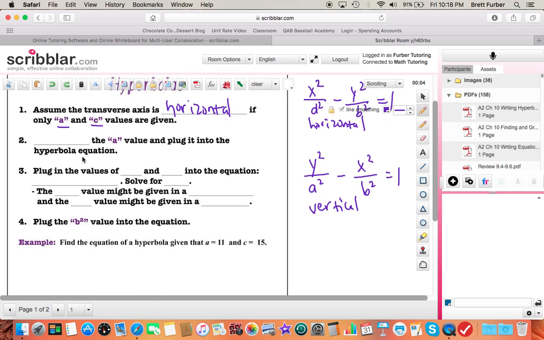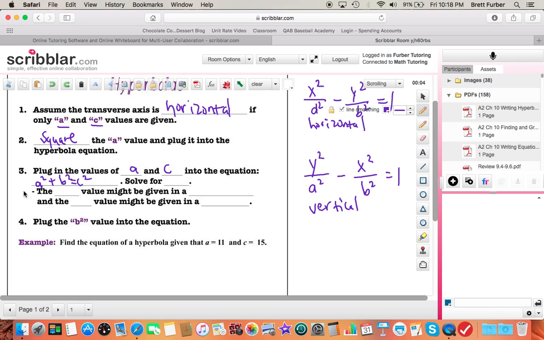We're going to square the a value, and then we would automatically plug that into the equation over here. But we need a b squared value, and the only way to get a b squared value is to use the c and the a. We're going to use the Pythagorean theorem equation to find out what the c value is, or I'm sorry, the b value.